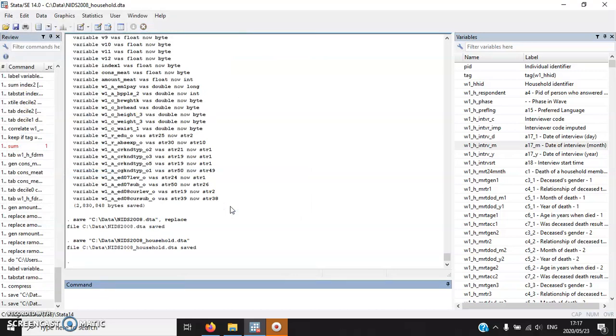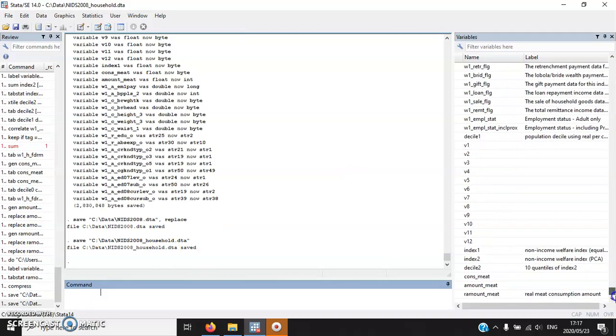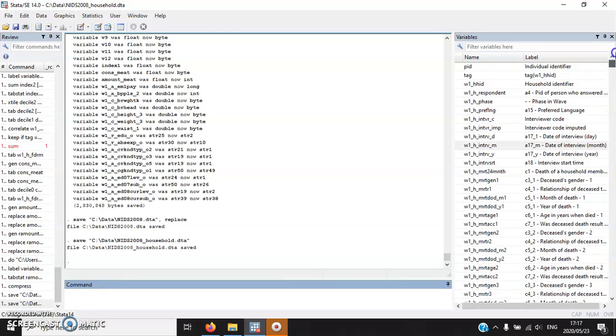Okay. So there is still a lot of empirical data analysis you could do with the NIDS data, especially maybe not for honours level, but when you do your master's in economics, you need to analyze more than one wave of NIDS. Let's say you want to look at poverty dynamics across all 5 waves.